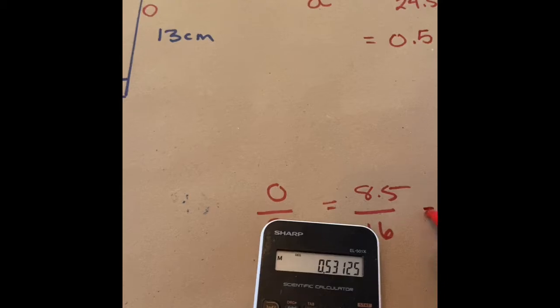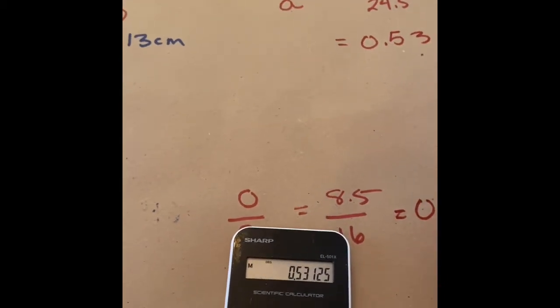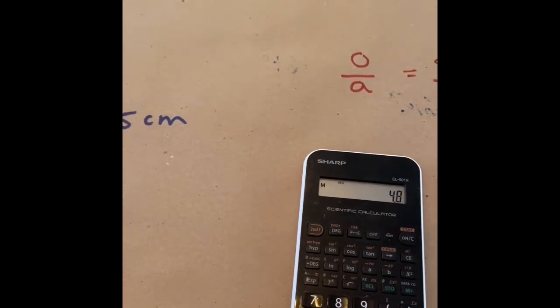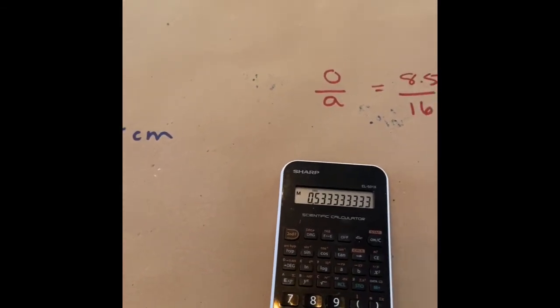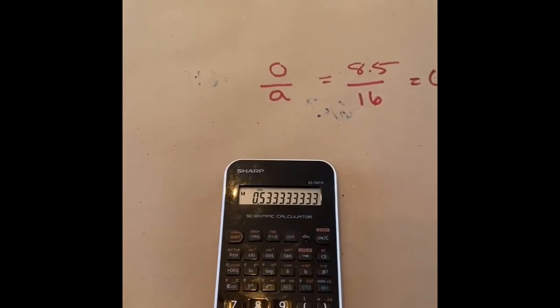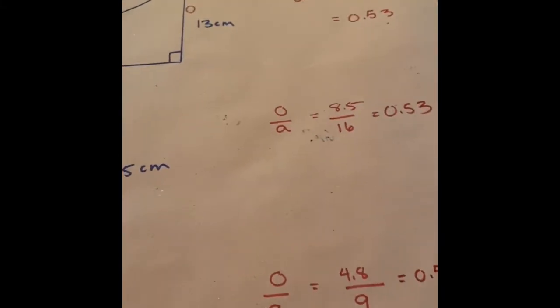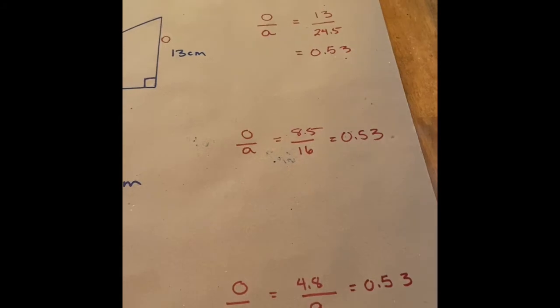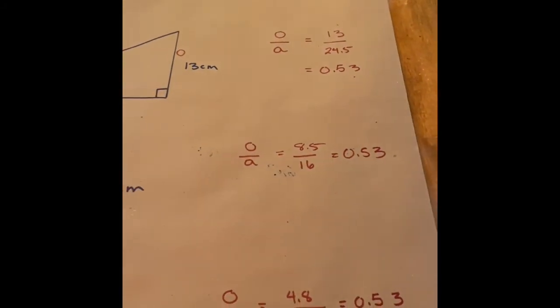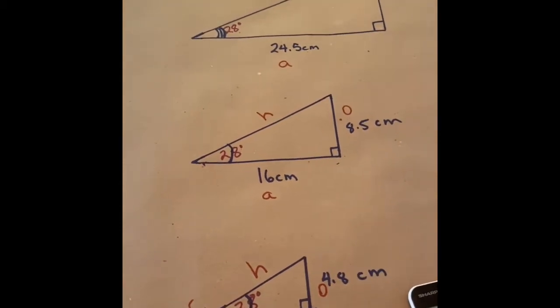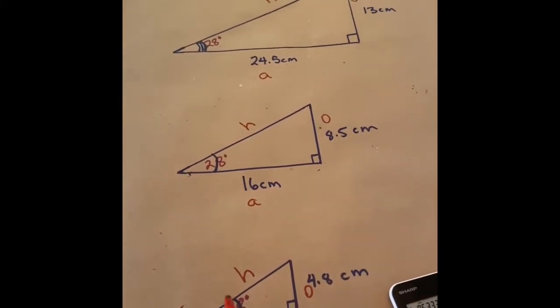Oh, that also gives me 0.53. And then the last one, 4.8 divided by 9, gives me 0.53. They are all exactly the same. And the reason the fractions are exactly the same is because the triangles all have a reference angle of 28.